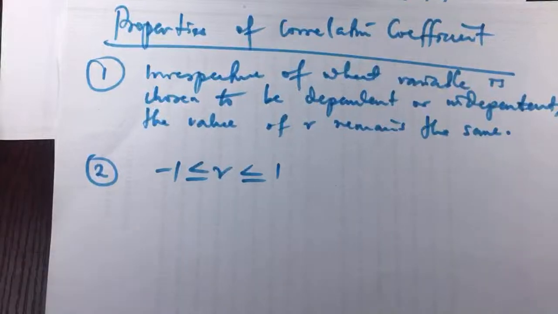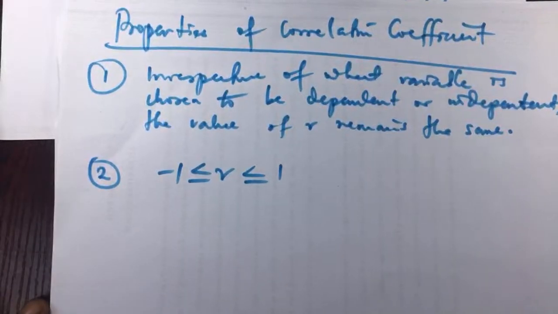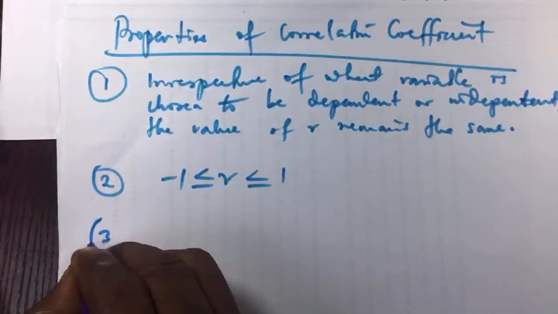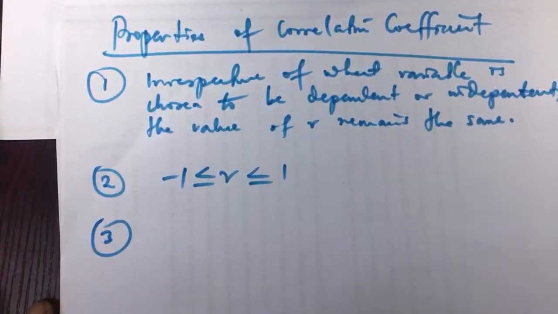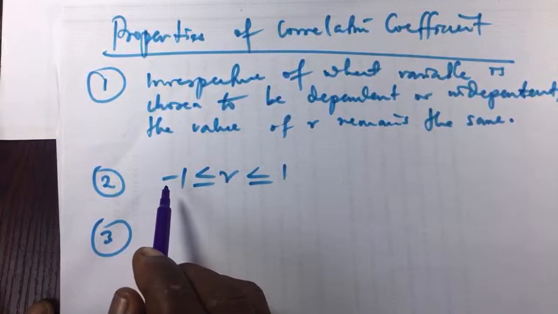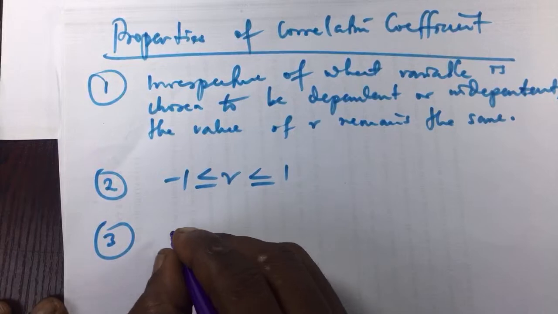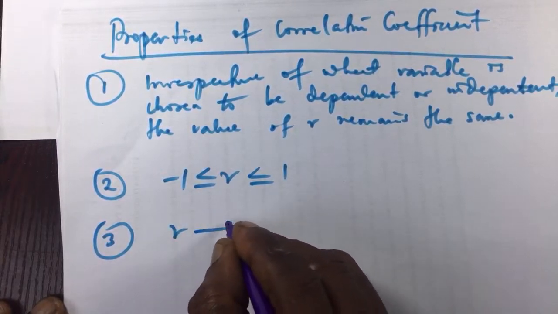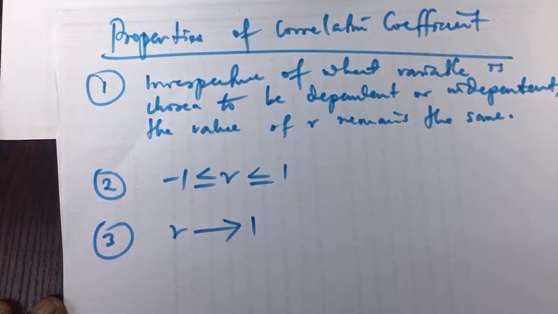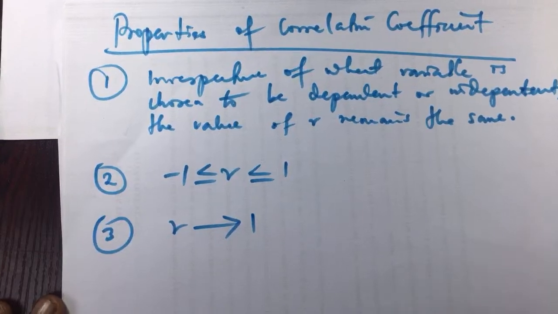Now, property number 3. Okay? The closer your R value is to these extreme values tells you the strength or the weakness of the relationship. It tells you whether the relationship is positive or negative. So you must take note of that also. If R is very, very close to 1, as R tends to 1, what does it mean?